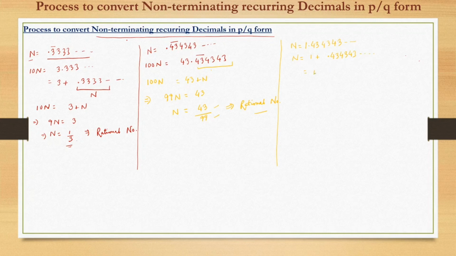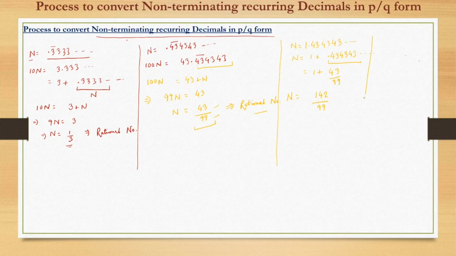Now we have seen we can write 0.434343 as 43 by 99 from the previous example. So n is equal to 99 plus 43, which is 142 by 99. This also we have been able to convert into p by q form. Hence this is also a rational number.